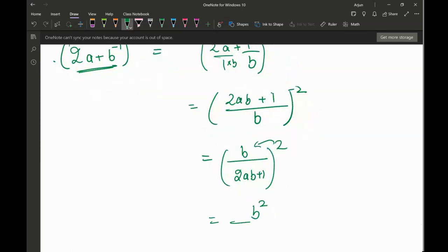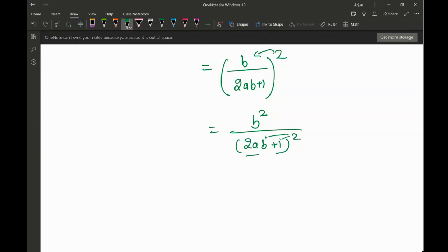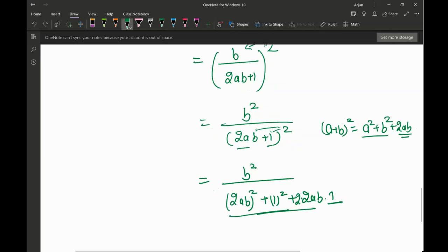This will become b square, but on the bottom 2ab plus 1, I cannot distribute this square to these two different terms. I have to use the formula on the bottom. So b square upon (2ab) square plus 1 square plus 2 times 2ab times 1. Actually, I should write 2 in front. So (a plus b) square is equal to a square plus b square plus 2ab. This is the formula I've used here.